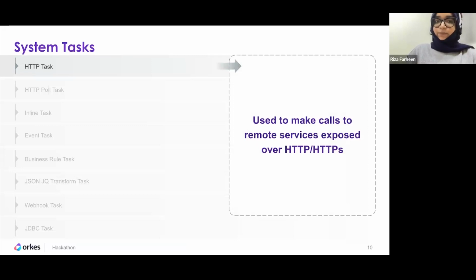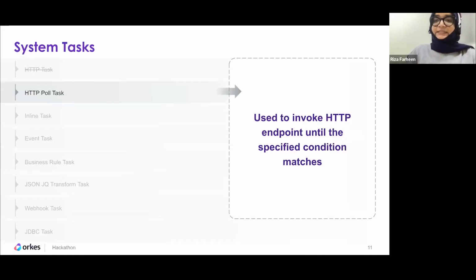The second type of system task is the HTTP poll task. It is similar to the HTTP task, but here we are providing a specified condition. It is used to invoke an HTTP endpoint until the specified condition matches. In addition to the input parameters of the HTTP task, we can also provide a terminal condition which will be evaluated after the HTTP endpoint is invoked.